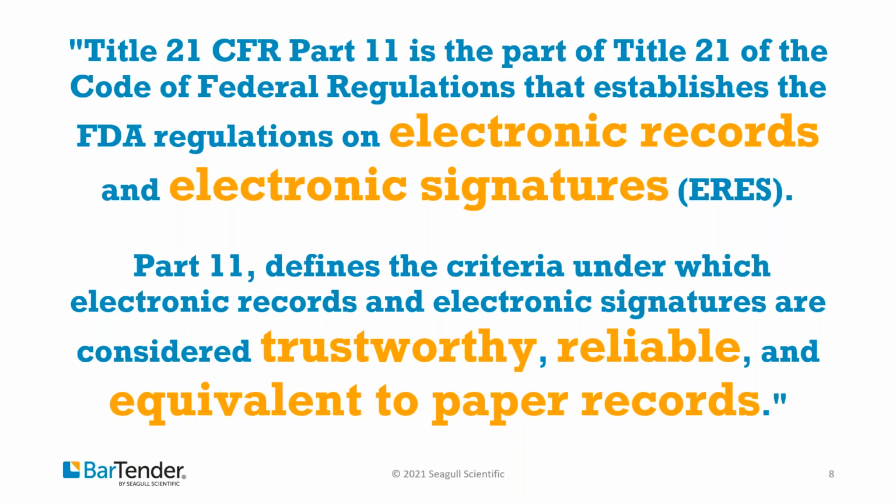However, with electronic records, it quickly became apparent that these things could be forged, they could be made up, and therefore strict rules were put in place to ensure that the electronic records that replaced the paper records were just as trustworthy and reliable as their paper equivalents. So it's all about reproducing what was an existing manual system with paper and putting it into the realm of computers and computer technology.